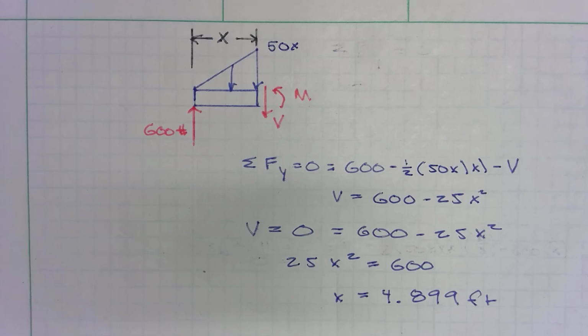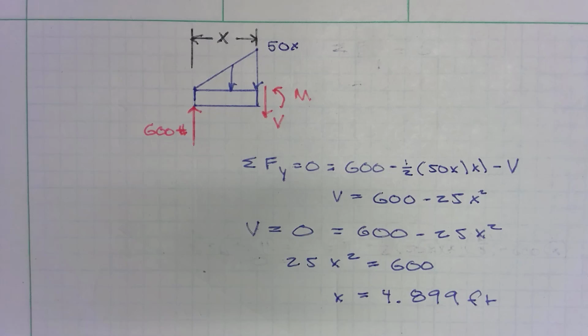Now we're going to solve for V. V is equal to 600 minus 25x squared. Then we set it equal to 0, because we're trying to find where it crosses the datum, and when it crosses, V is equal to 0.